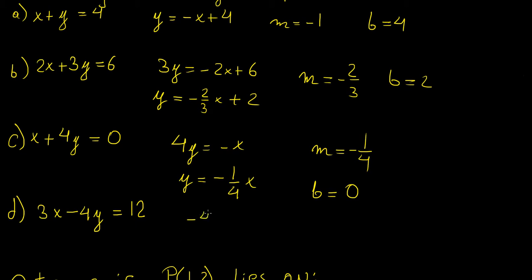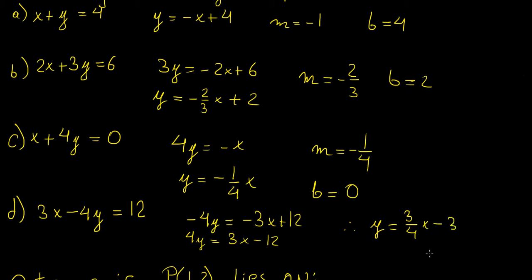That's minus 4y equals minus 3x plus 12. We multiply both sides by minus 1, so that becomes 4y equals 3x minus 12. Then y equals 3 over 4 x minus 12 divided by 4, which is 3. So the gradient is 3 divided by 4, and the y-intercept is minus 3.